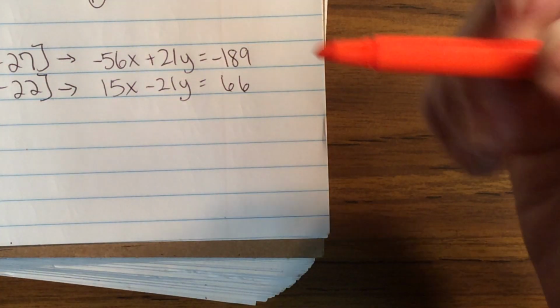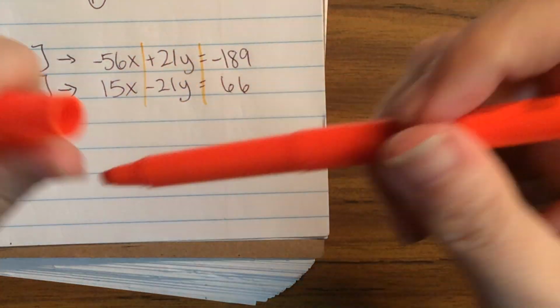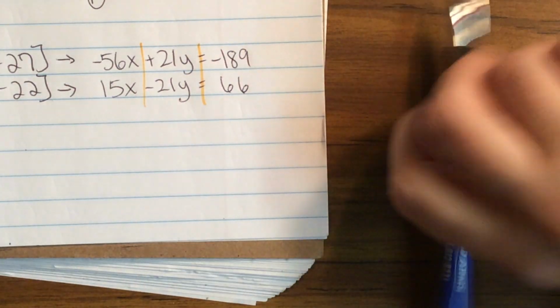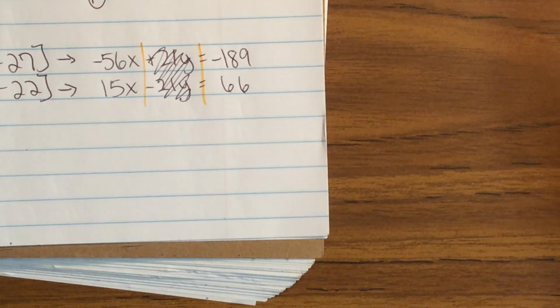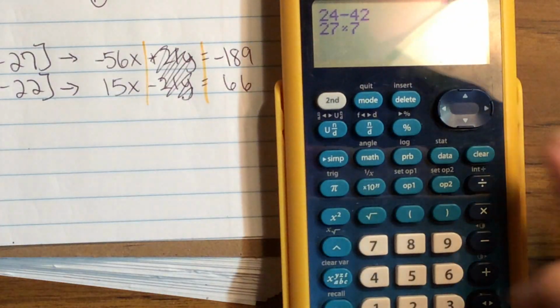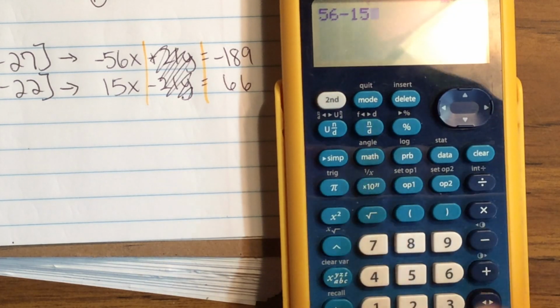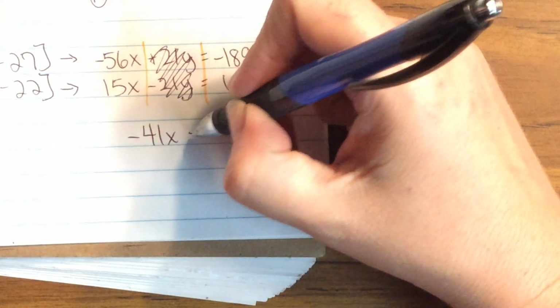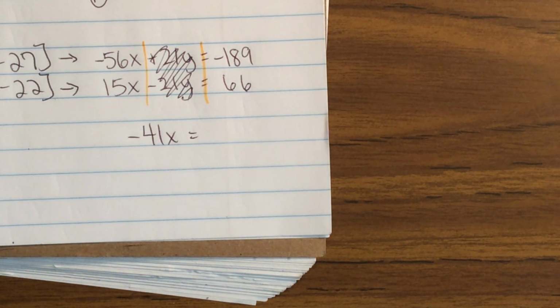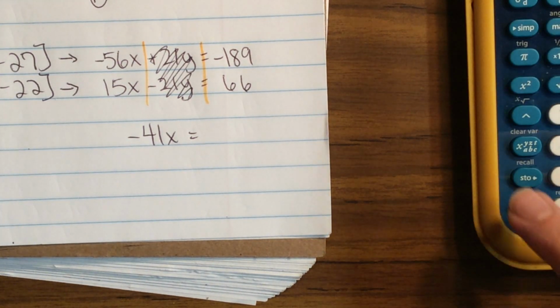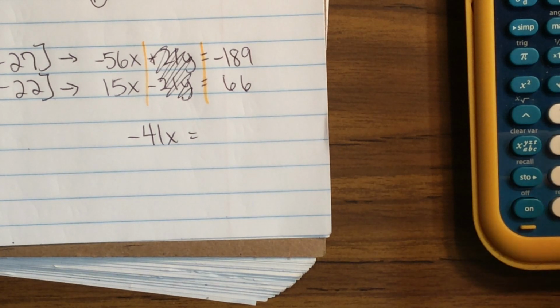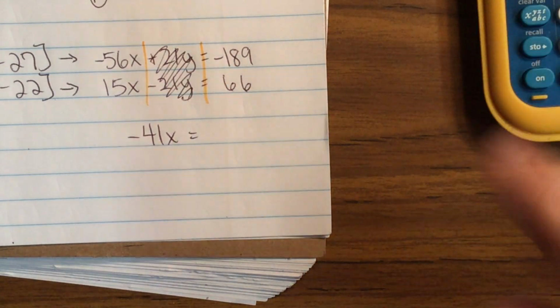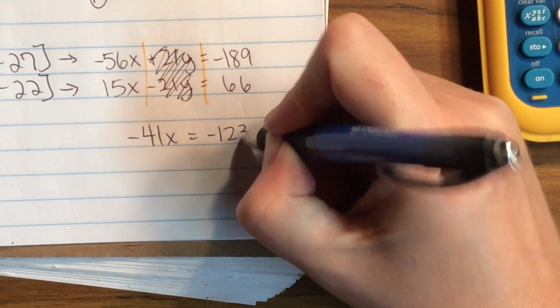And when I add them, my 21y's will go away. Now, I don't know what 56 minus 15 is right now. I probably should. Yeah, 41, that makes sense. My brain really is mush. Okay, so negative 41x, and then I have negative 189 plus 66, which is negative 123.